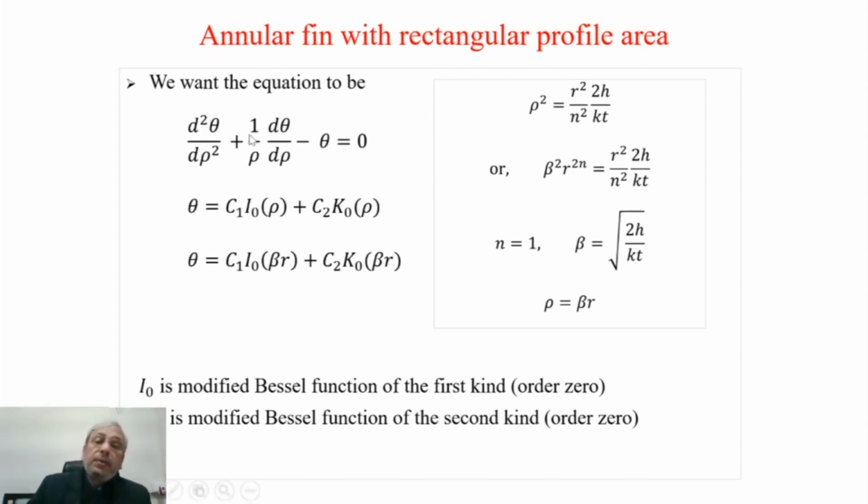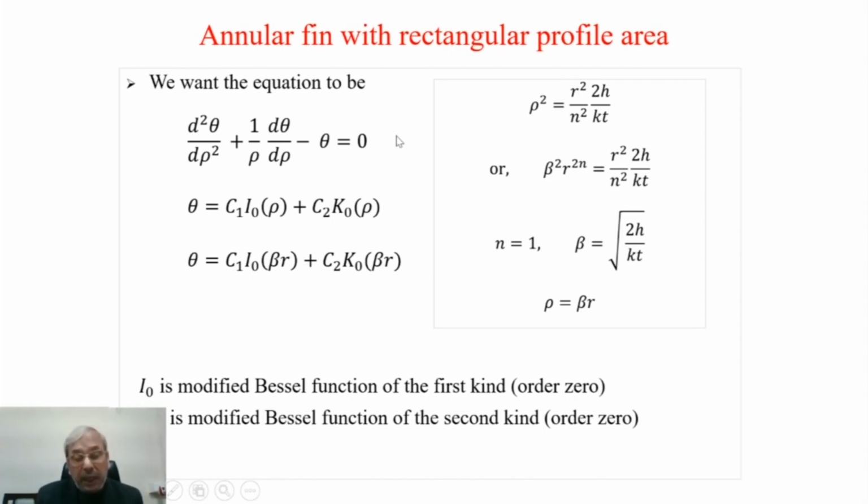So we move forward with this understanding that n equal to 1, beta equal to root over twice h by kt, and rho is basically r square by n square into twice h by kt, where n equal to 1. Then our governing equation matches exactly with the modified Bessel's equation.